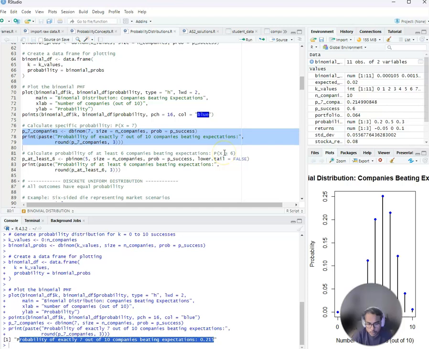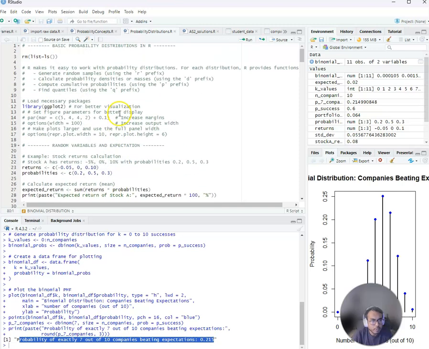Now there are two ways of doing it. One, I can calculate 6, 7, 8, 9, and 10, or I can use pbinom. So what is pbinom? pbinom is the cumulative probability. So if I calculate the CDF up to 5 and then take 1 minus that probability, what I'm left with is the probability of 6 and greater.